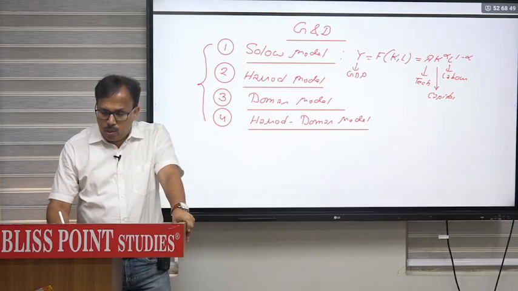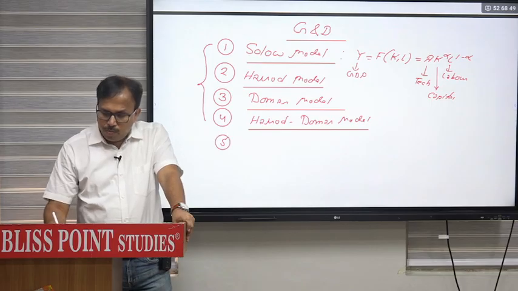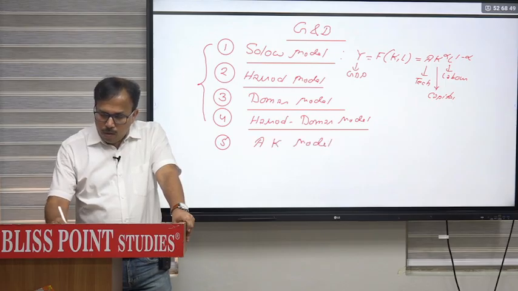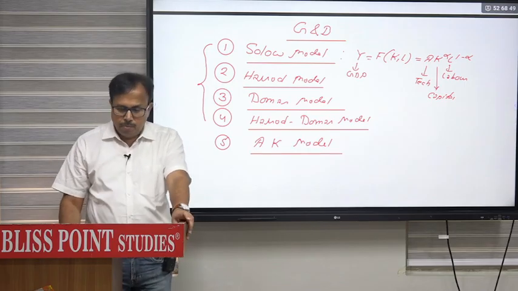So in that endogenous growth model, we will begin with the fifth, the AK model, where the production function is simply explained as Y = AK.